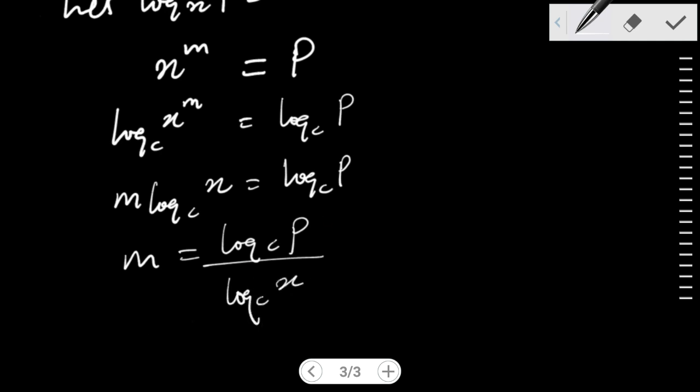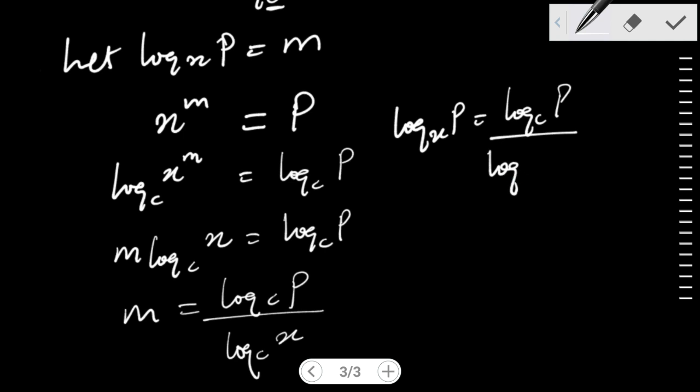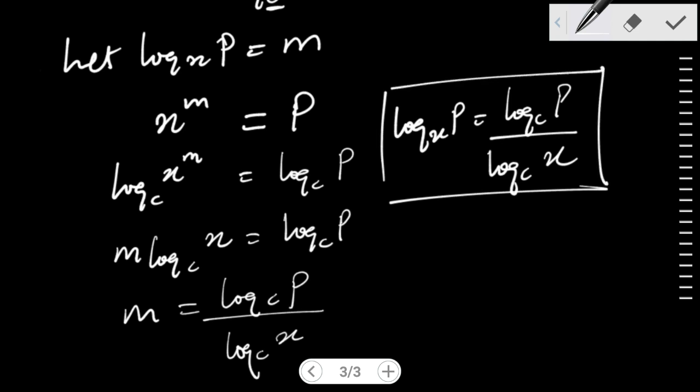But we know what m is, and therefore we are going to have log of x p is going to be log of c p divided by log of c x. And therefore this is the proof for the above elementary rule of logarithm.